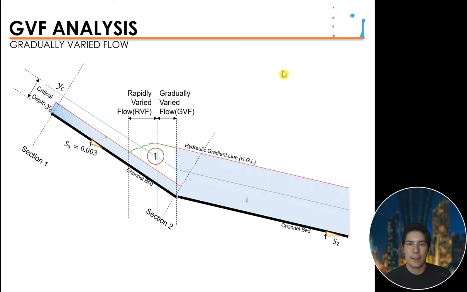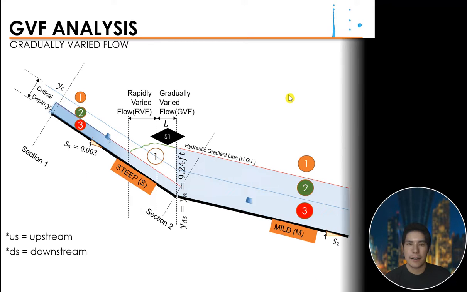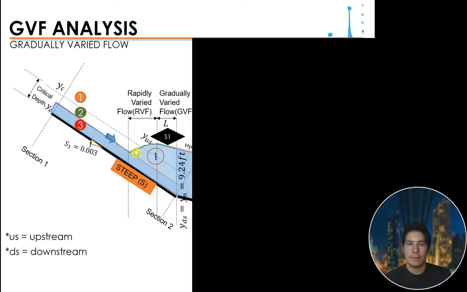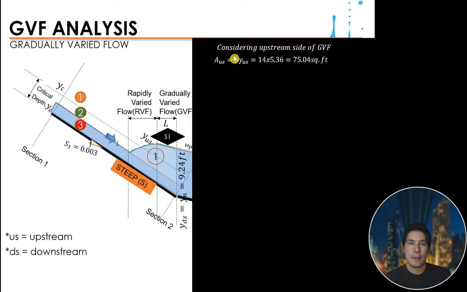Now we have the GVF, so we perform the GVF here as well. For the zoning, we have S1, so we have the upstream and the downstream. Downstream is equivalent to the YN of the mild slope, which is 9.24 feet. For the upstream side of the GVF, the YUS was already computed in the RVF, which is 5.36.